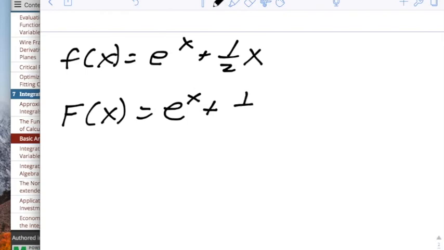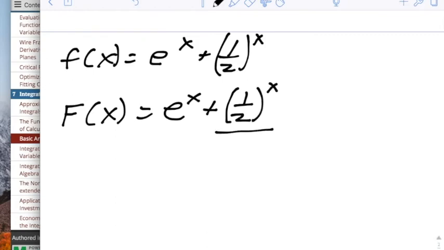For 1/2 raised to the power x, I'm going to have 1/2 to the power x divided by the ln of 1/2.